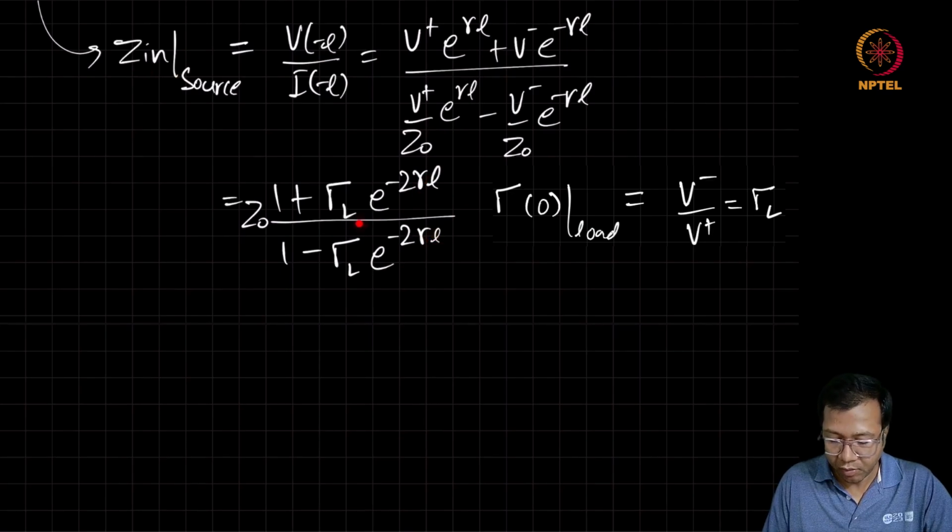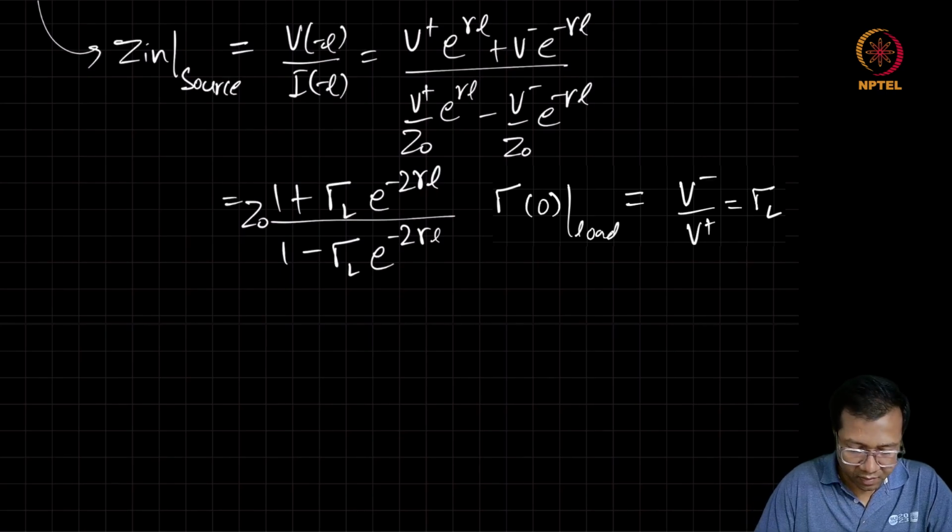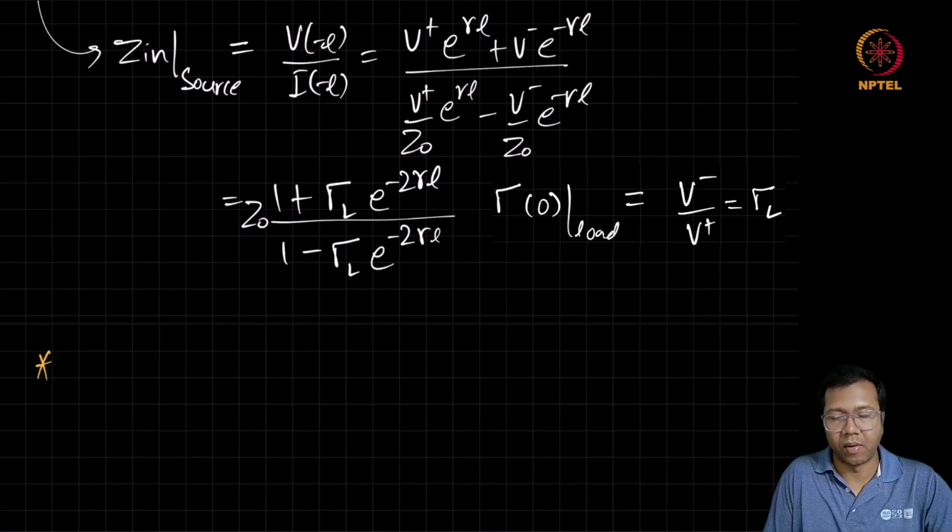And many times, even though the load and the properties of the line in terms of the characteristic impedance and the propagation constant can be controlled, the length of the line is often not defined at the time of the design of the system. So depending on the use case, the length of the line may change. So this can become a problem when we are dealing with wireless system design.